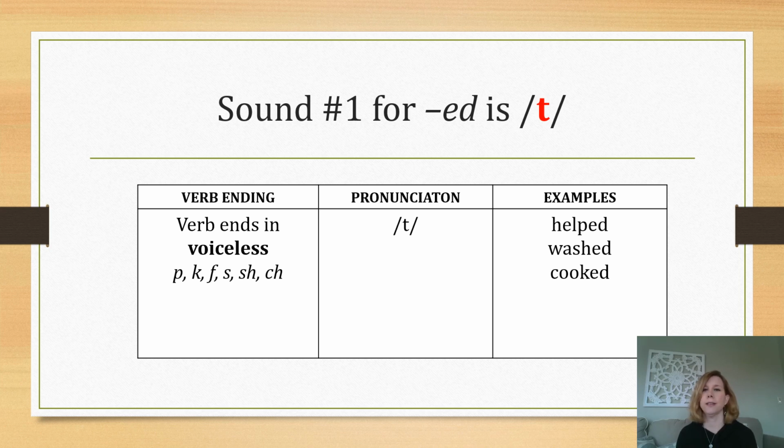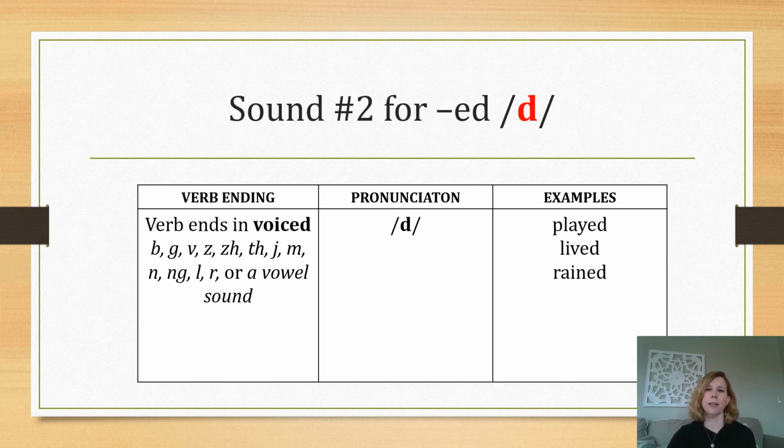Those are all voiceless. I am not using my vocal cords when I say those sounds. So the verbs in the right side of the column, we have helped, washed, cooked. So the ends of those verbs, when you add ed, make a t sound.